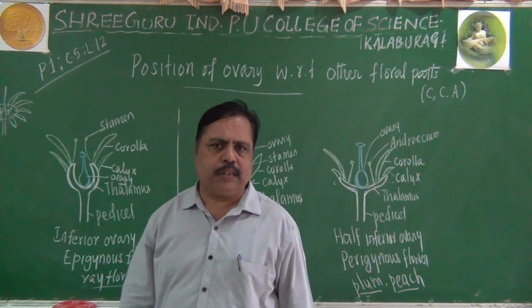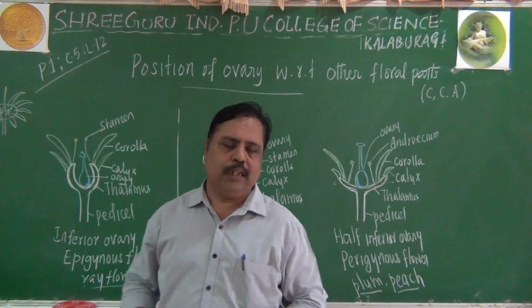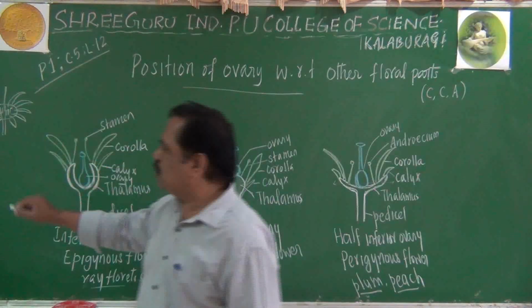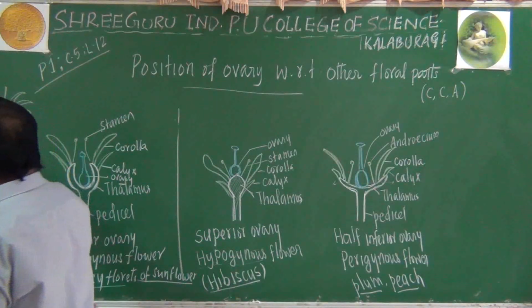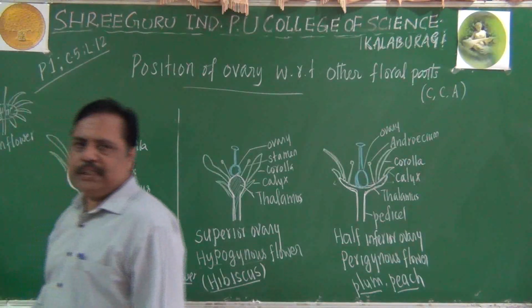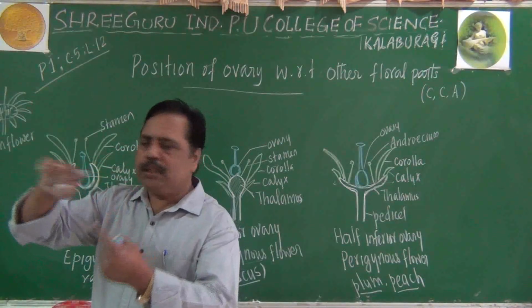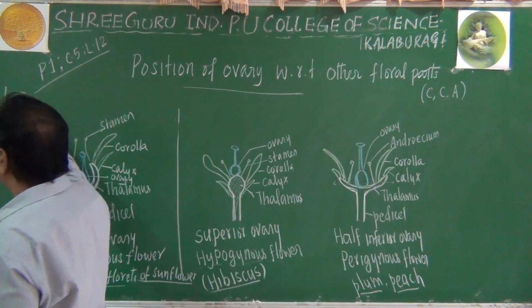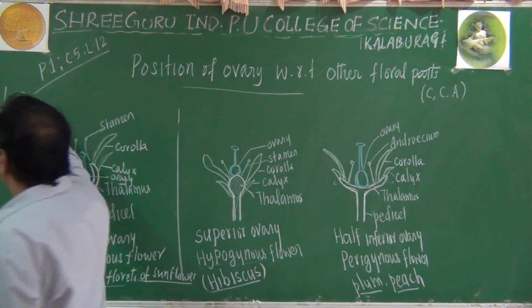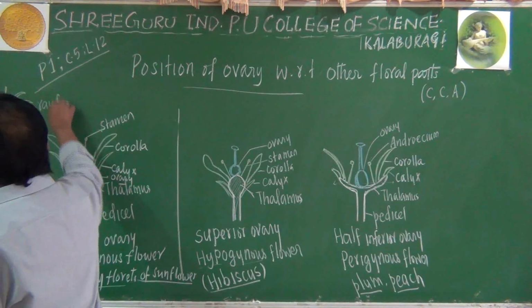You know what is inflorescence? Group of flowers. Racemose, cymose and all, we told. It belongs to the cymose type of inflorescence. How can we say it is an inflorescence? On the margin of this sunflower, there are yellow-colored margins called ray florets.